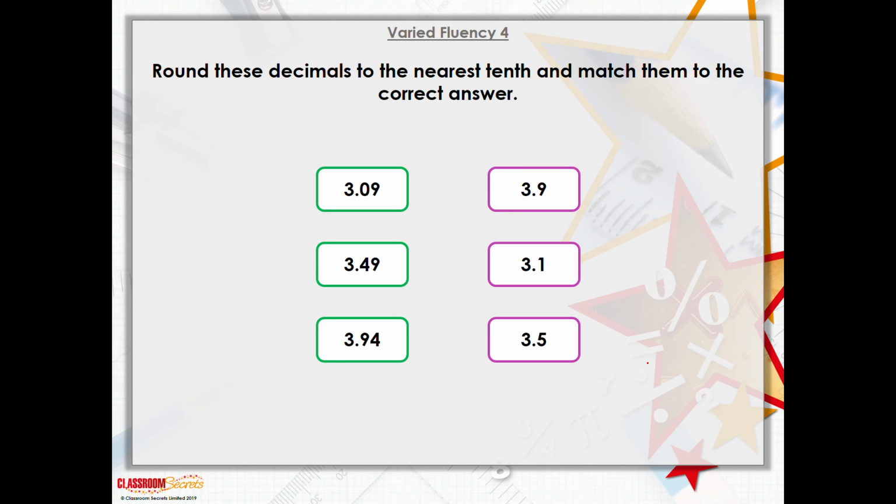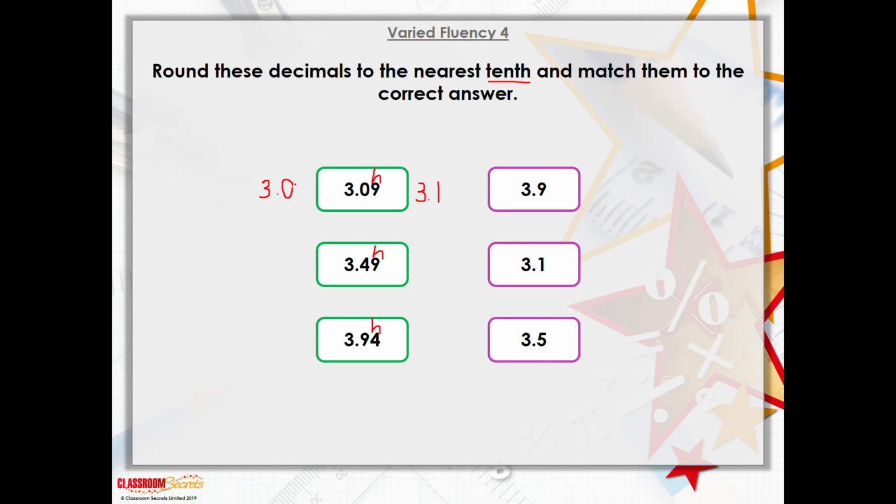And finally, round these decimals, so the ones with green around them, to the nearest tenth and match them to the correct answer. So when we're rounding to the nearest tenth, remember, we're going to be looking at the digits in the hundredths columns. So, first job, 3.09, if that was on a number line, it would be in between 3.0 and 3.1.